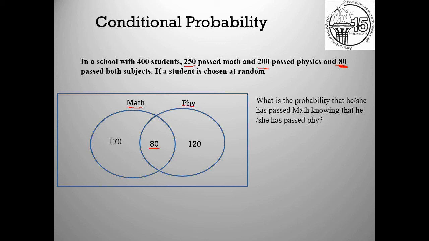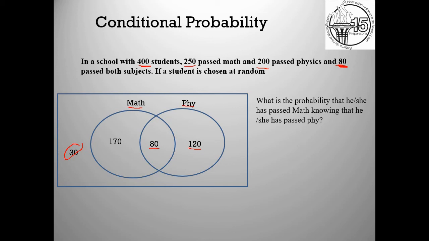If we add these numbers, we will have 120 plus 80, that will be 200, plus 170, sorry, that will be 370. We are missing 30 students out of 400. Those 30 students means that fail both subjects. Okay, now continue with the question.